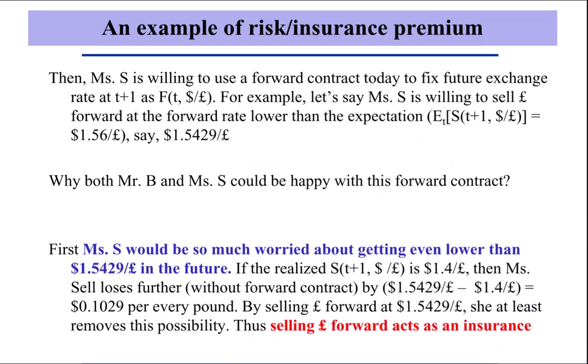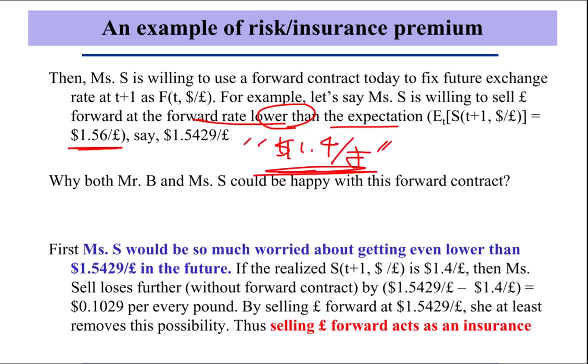Miss Sell is willing to sell pounds forward to remove this FX risk at a forward rate lower than the market expected spot exchange rate, because she is worried about something like this happening in the future.